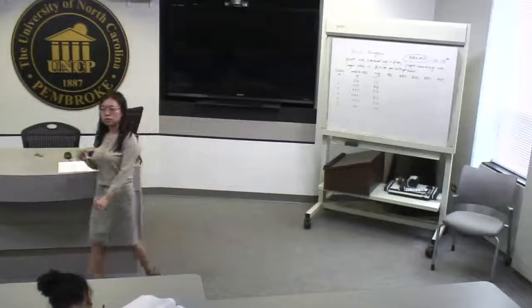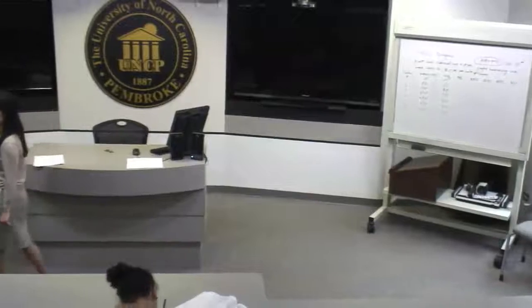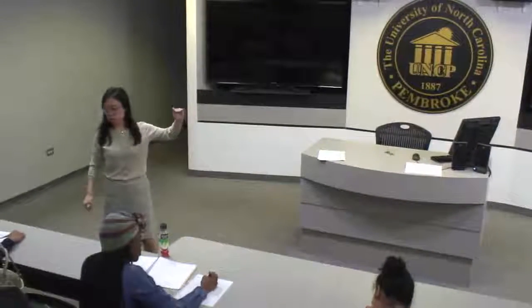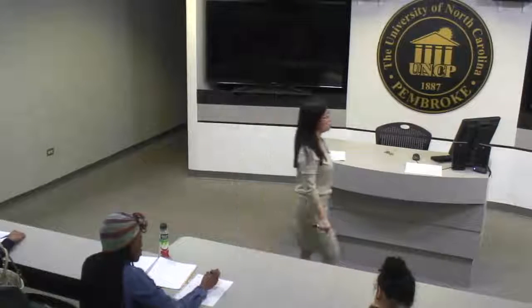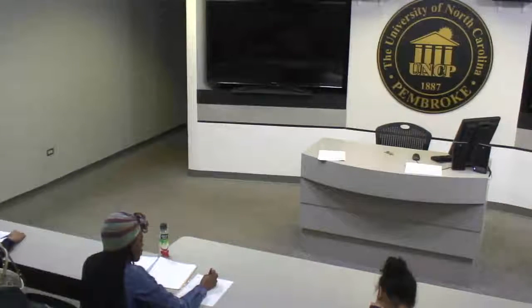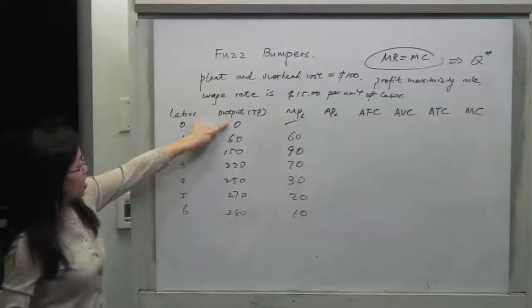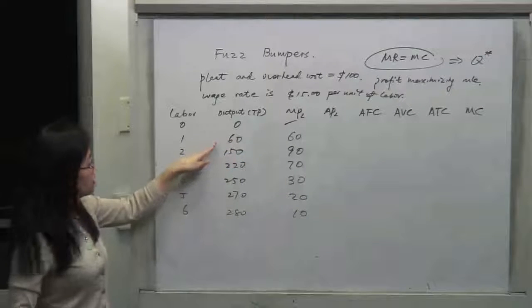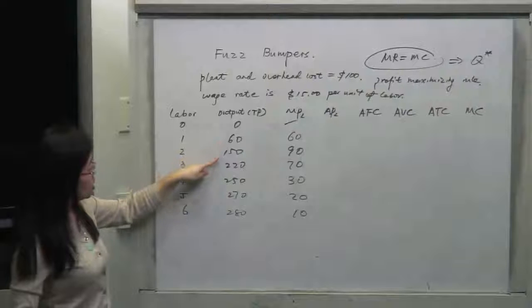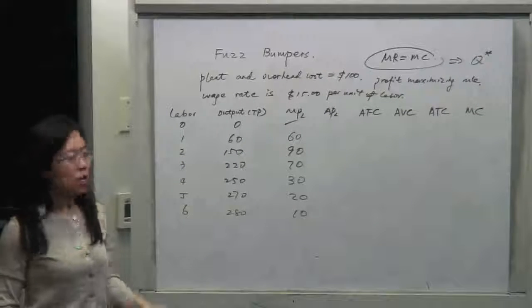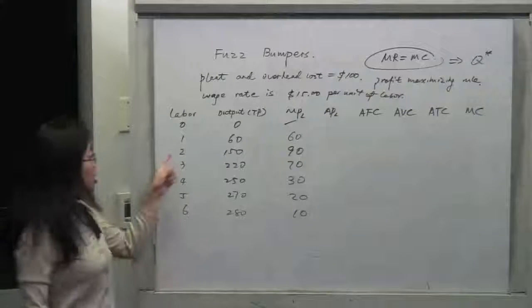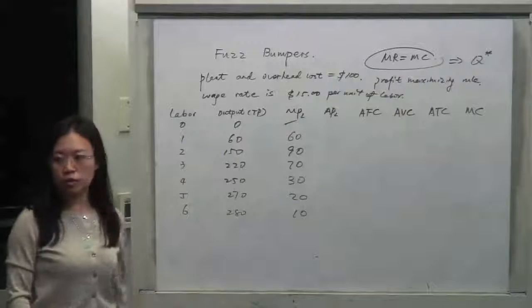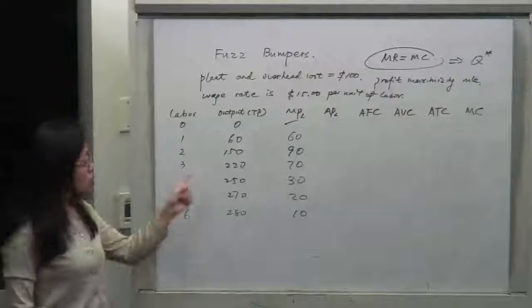Does everyone know how we get those answers? You subtract the number below. This minus that is 60. This minus that is 90. So it's the difference between each one. Okay, why do we do that? Because when you hire just one worker, you produce 60 units, right?